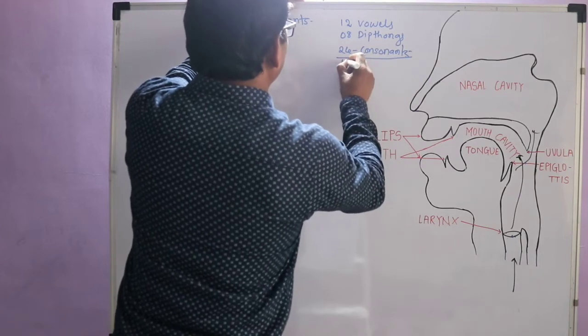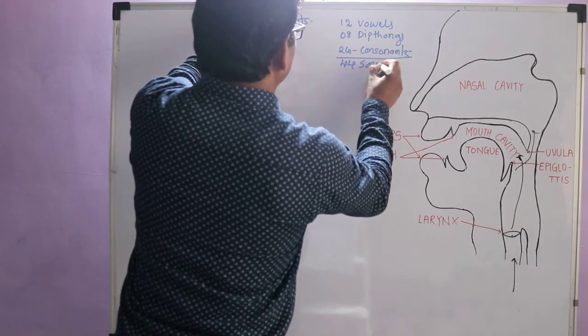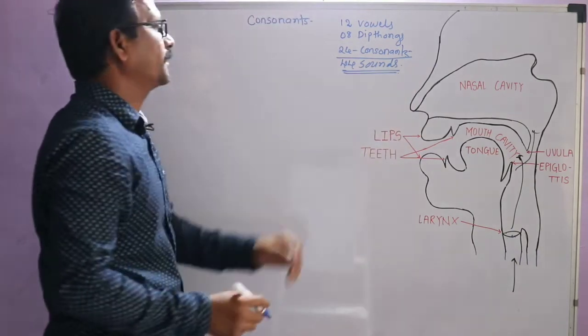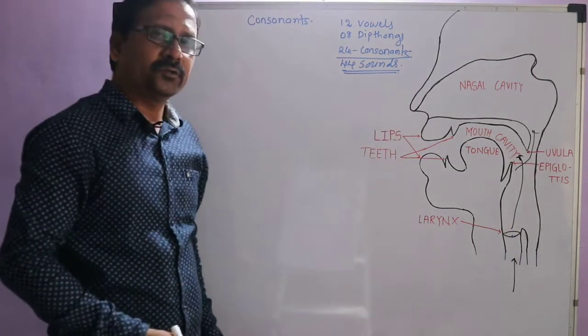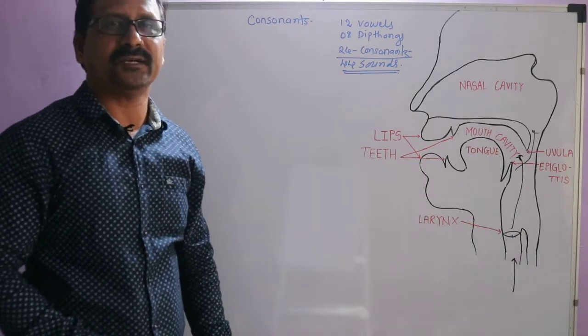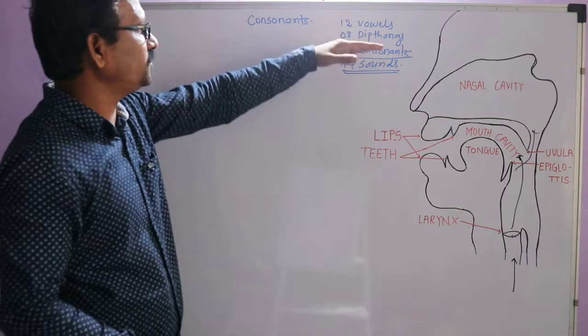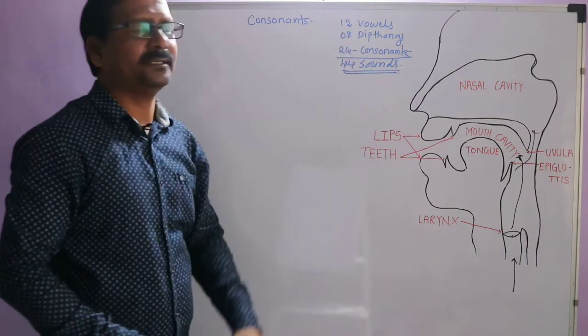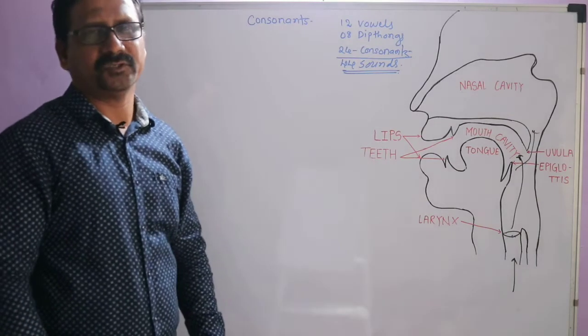So total 44 sounds. Though we have 26 alphabets, we have 44 sounds, and these are categorized into three sections. So we will think about the 24 consonants.